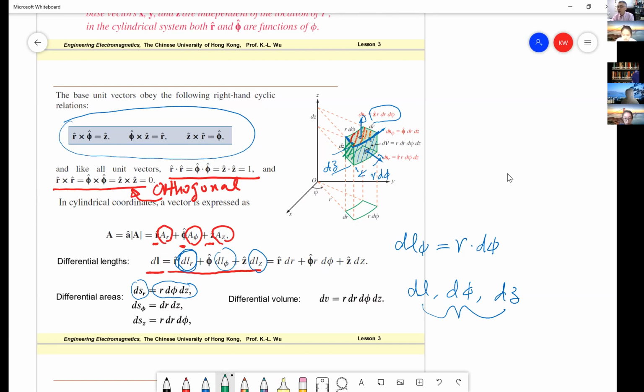This is easy because dr times dz, right? So once you know the surface, then you know the differential volume. Once we understand this, it is much easier to formulate our electromagnetic problem using calculus, right?